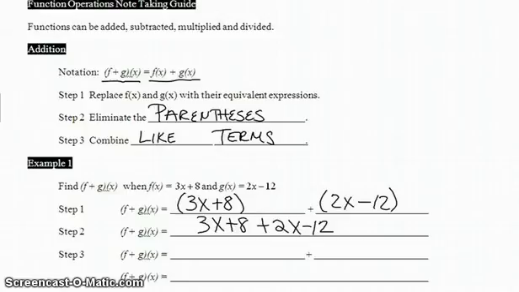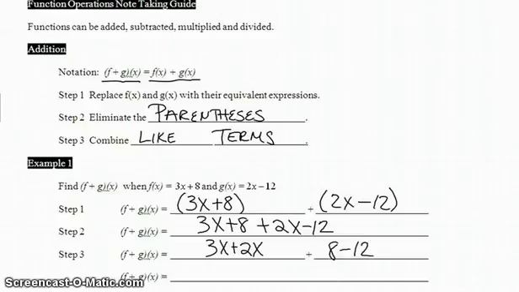My third step is just to combine my like terms. So I'm going to gather them first on this next line. I'm going to have 3x plus 2x, my two like terms. My next two like terms are constants, and I'm going to have 8 minus 12.